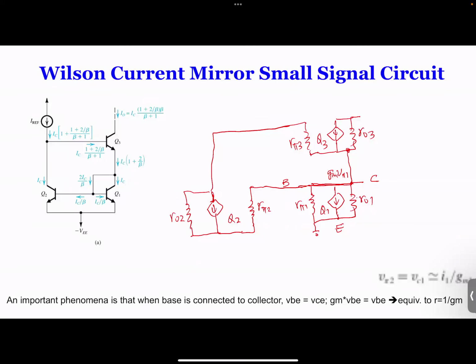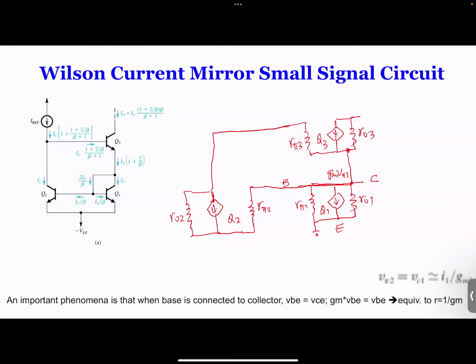So pretty much it's very simple now because it's all finished. The only thing, of course, is that we figure out which is which. Like this one, for example, is GM2 times V pi 2, and V pi 2, V pi 1 are the same. And then that one is GM3 times V pi 3.